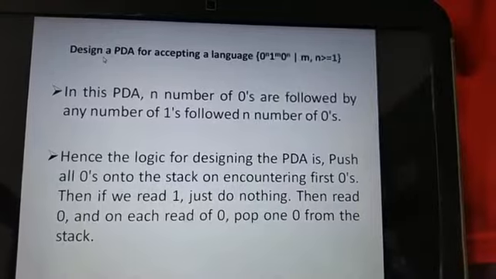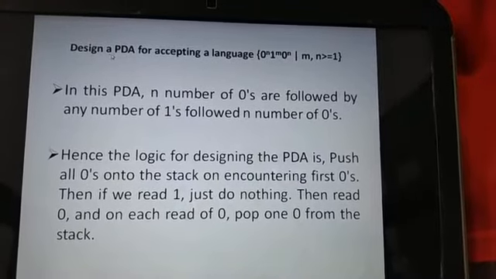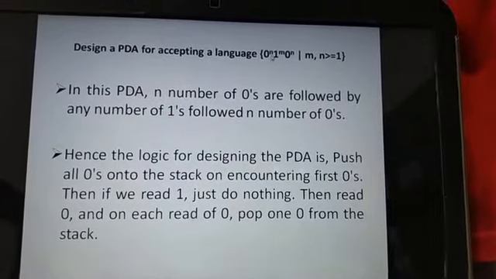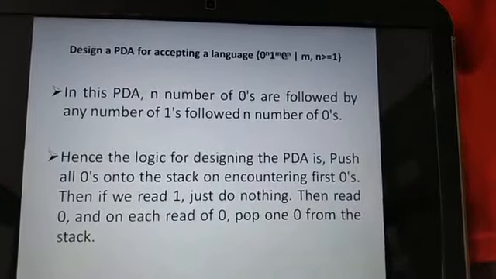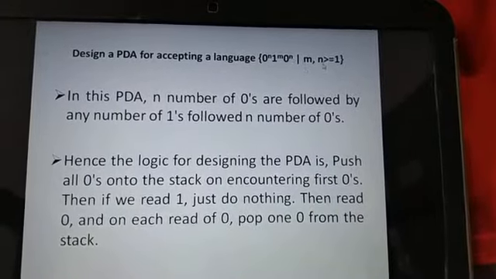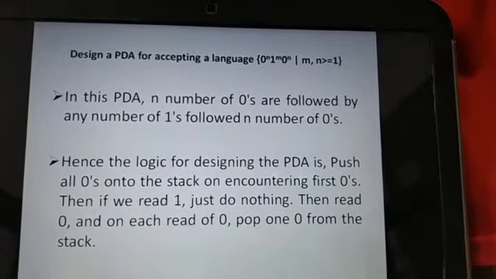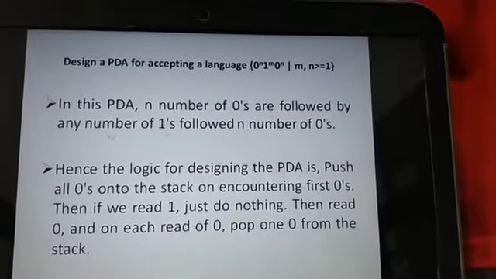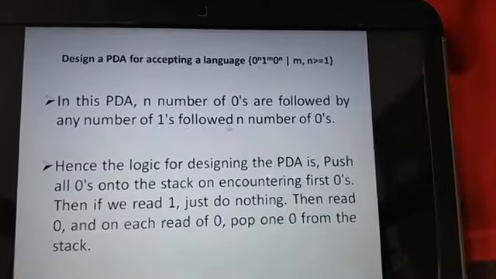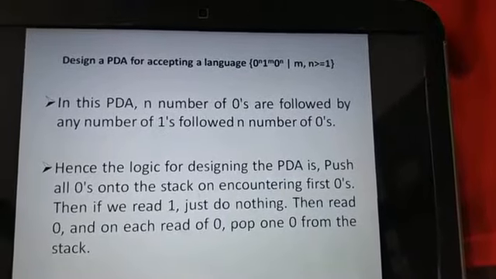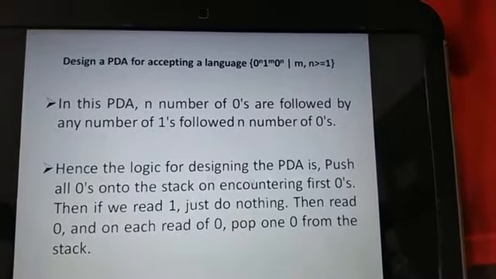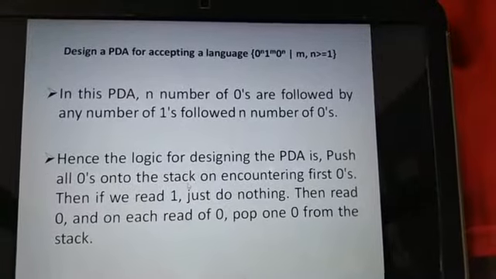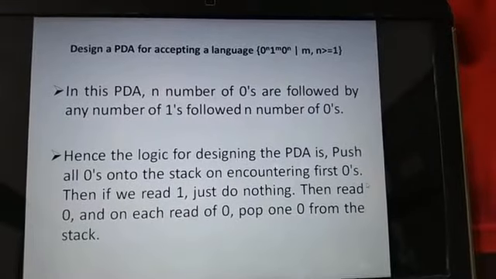Now let us discuss an example based on empty stack acceptability. Design a PDA for accepting the language 0 to the power n, 1 to the power m, 0 to the power n, such that m and n are greater than or equal to 1. In this PDA, n zeros are followed by any number of ones, followed by n zeros. Here the logic for designing the PDA is to push all zeros onto the stack on encountering the first zeros.